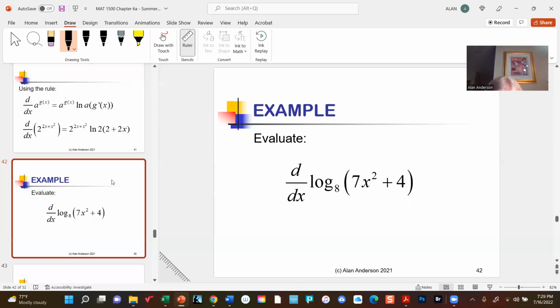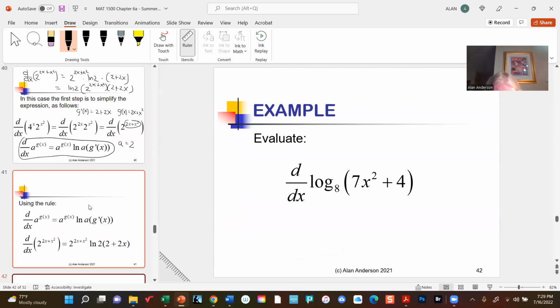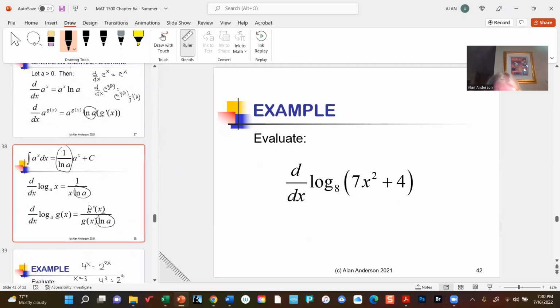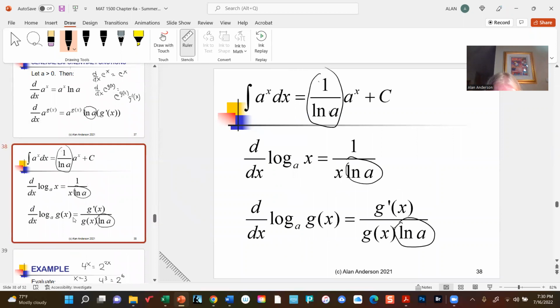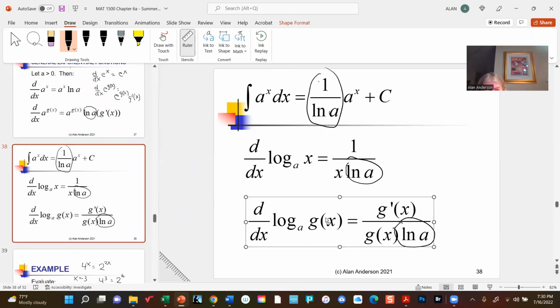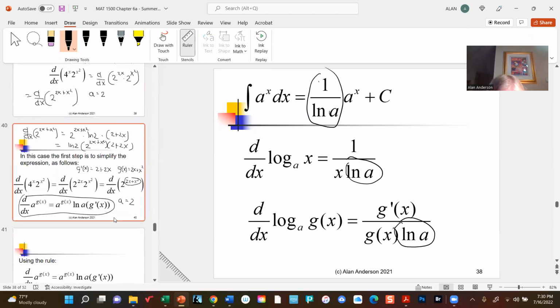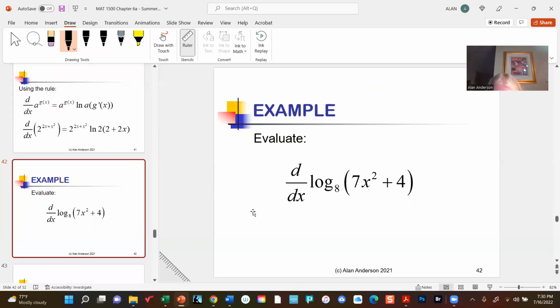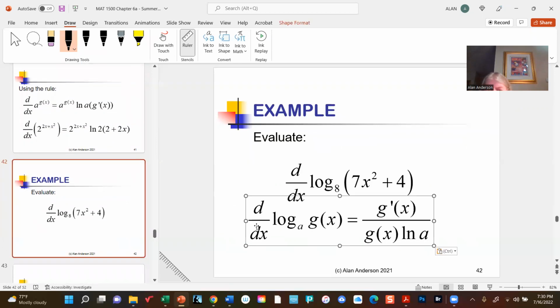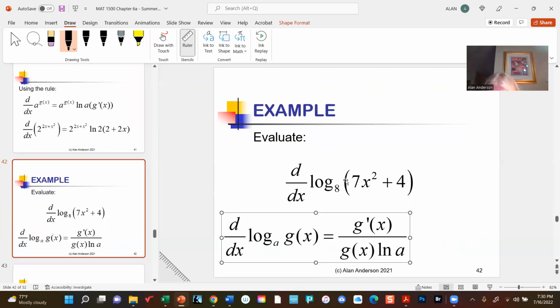Oh, look at this one. Log base a. It's not a natural log. What rule do we need? This one. In other words, we have a log that's not natural log, and on top of that, it's applied to not just x, but a function of x.